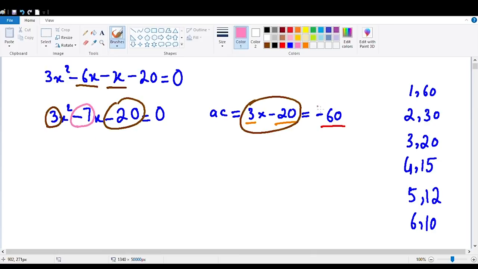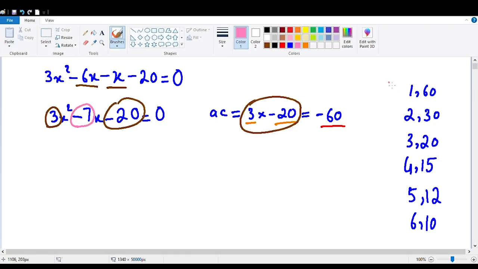It basically just depends on the signs of these factors. If both of them are negative, then both the terms in which the x term will be split will have a negative sign. If one of them has it, then one of them will have a negative sign. And if both of them are positive, obviously both of them are going to have a positive sign.